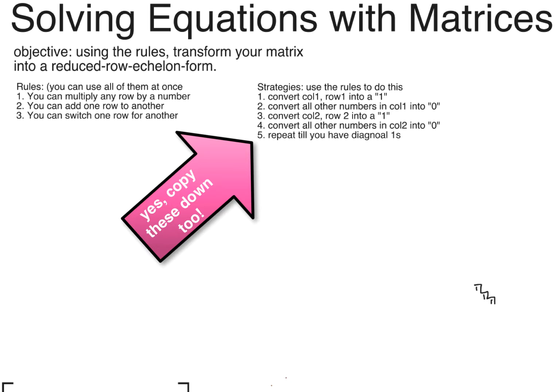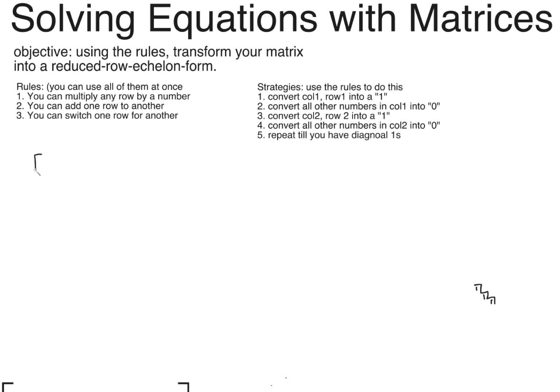First of all, let's talk about your initial rules. Multiplying any row: let's assume we have a matrix here. I'm going to use letters for now. Rule one basically says that we can multiply any row by a number. So for example, let's make it more interesting, we'll multiply that by 2.